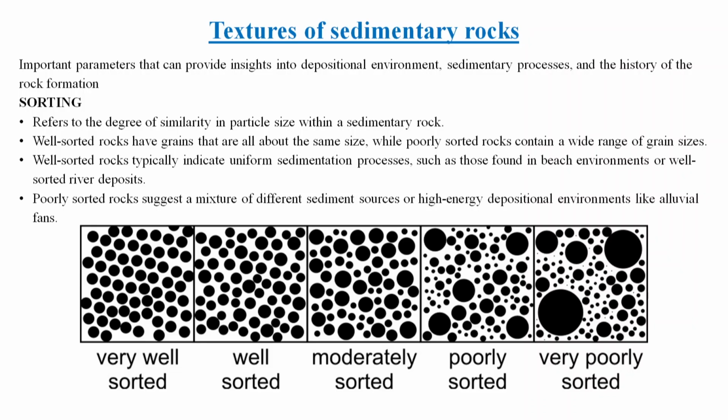So, you can say that a landslide typically represents a process of very poorly sorted sedimentary rock, or the sorting in the fan deposit, for example, that has been formed as a result of a landslide will have very poor sorting within the particles that are present in the sedimentary rock.